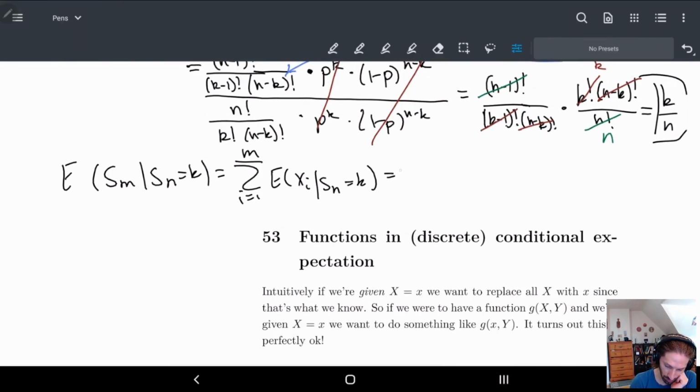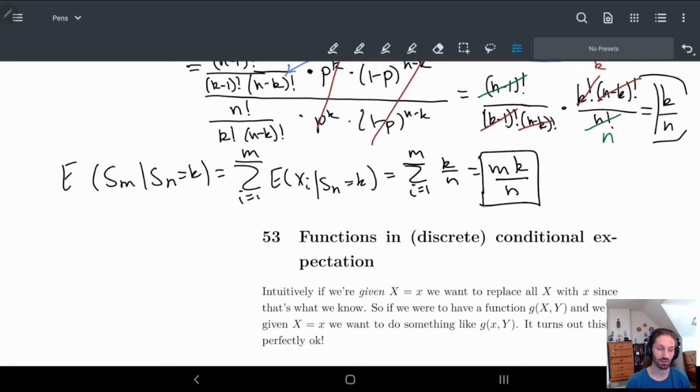So this is equal to the sum from i equals 1 to m of k over n. But there's no i here, so I just sum over this thing. So I'm going to just get m times k over n. And that's it. Super nice and simple. It doesn't even rely on the probability that any of the trials happen or not.